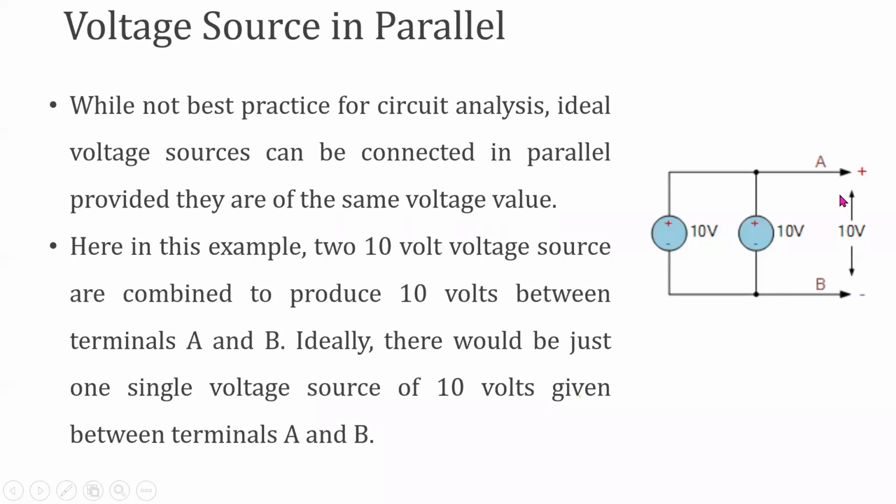Ideally, there would be just one single voltage source of 10 volt given between A and B. Even though you have connected two voltage sources of the same value, at the terminals A and B we get only 10 volt. Then as a result, one voltage source is wasted here.